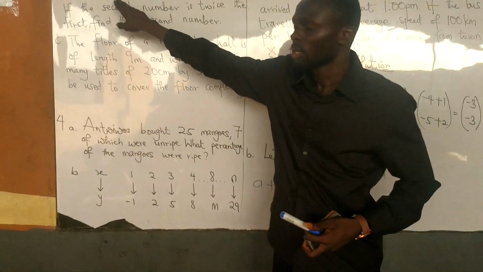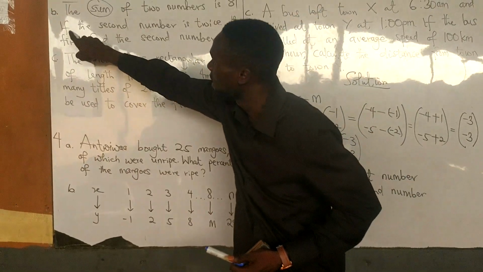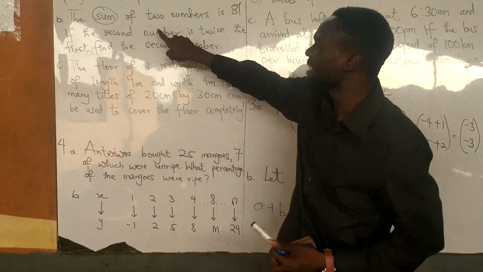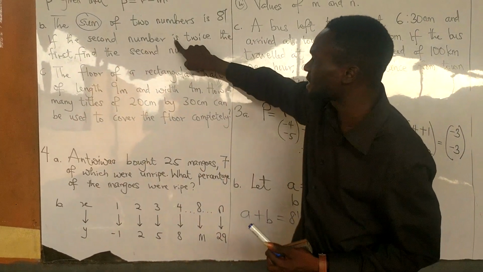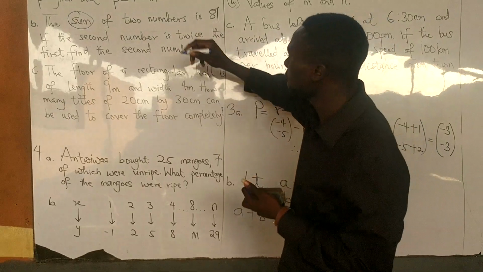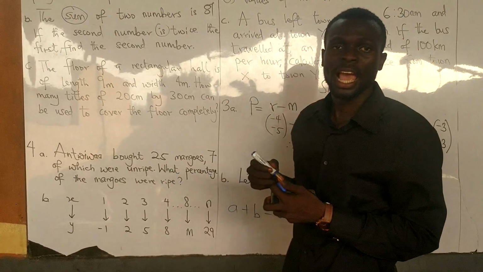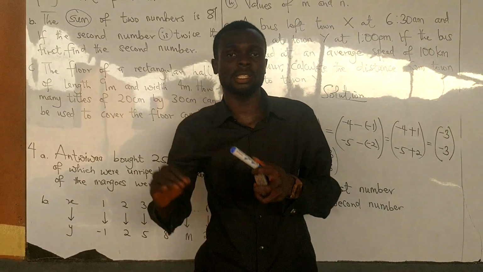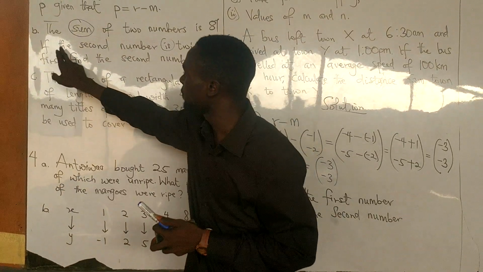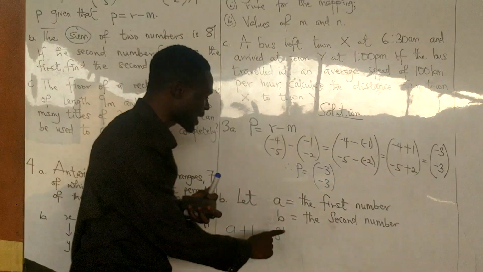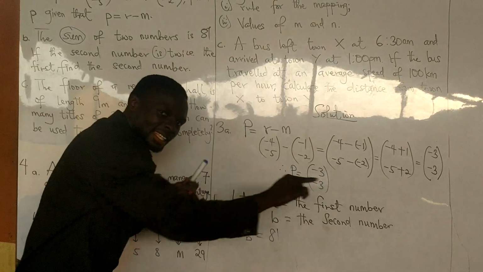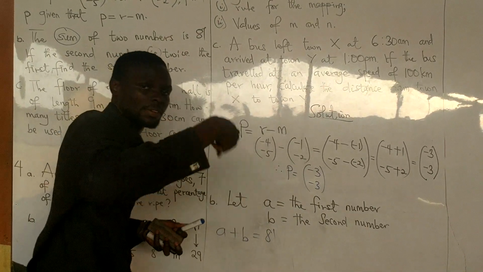When you continue, it says that if the second number is... we were told that in algebra, when you hear "is" in a word problem, it means equal to. So what is the second number? b is twice the first.